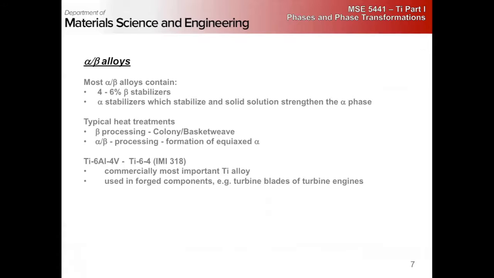Okay, so the alpha plus beta alloys are what we usually think about when we think of structural titanium alloys. This includes Ti6-4, the one alloy everyone knows.